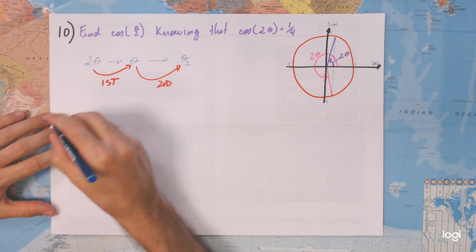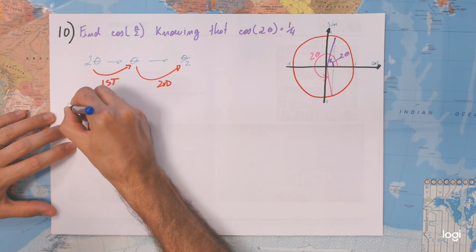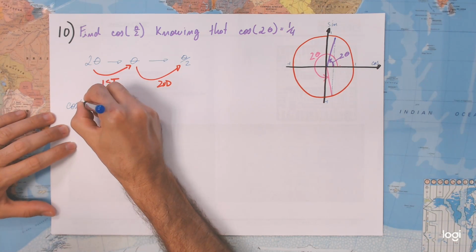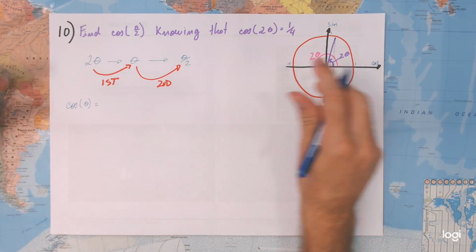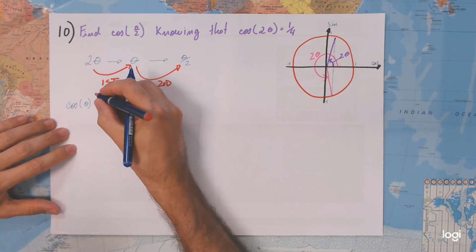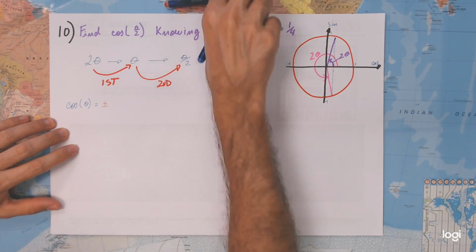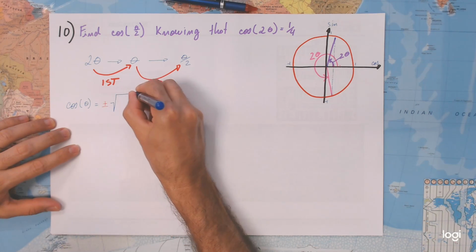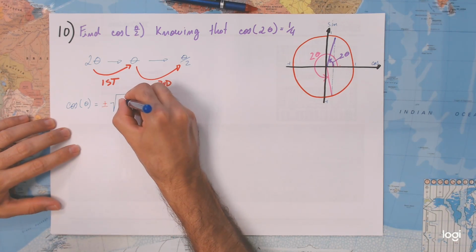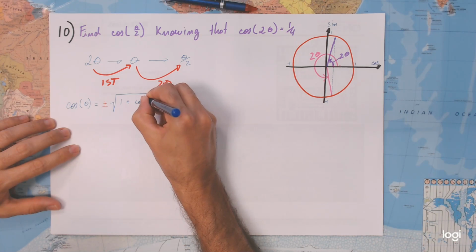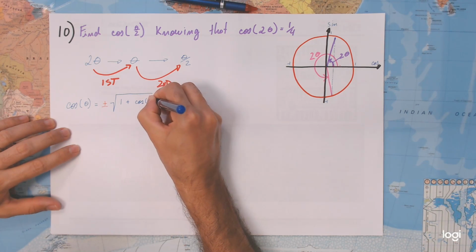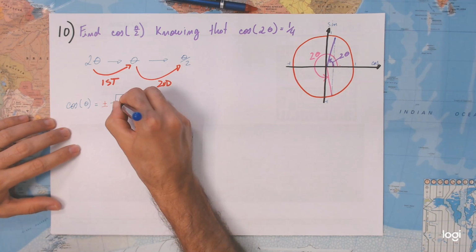Let's start with the first one. We're going to have the cosine of theta. It is going to be plus or minus, cannot forget those, plus or minus the square root of 1 plus the cosine of 2 theta divided by 2.